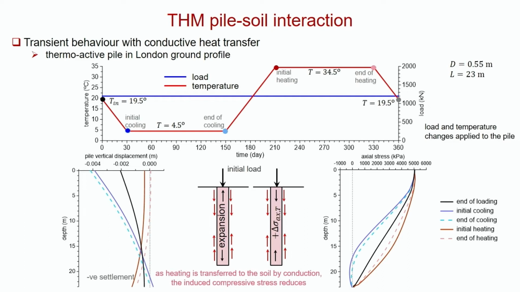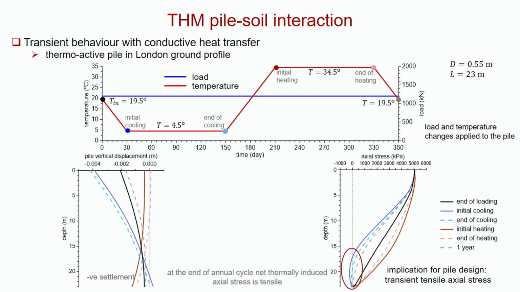And this is occurring because of the difference in the coefficients of expansion and in the fact that there is pore pressures being generated in the soil by the heating and the cooling. And if we actually go to the end of the heating, we get a slight relaxation.